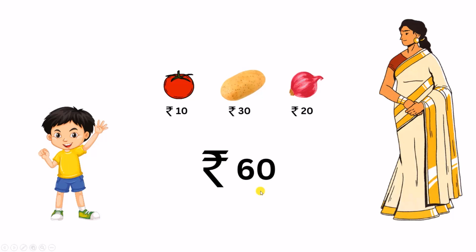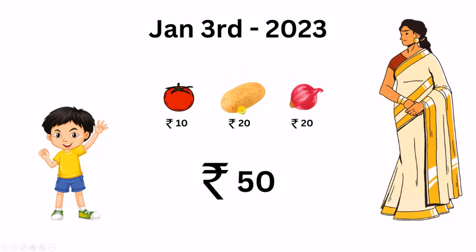Next, on Jan 3rd, your mother asks you to bring vegetables. You go to the shop and you buy the same three vegetables and the price has changed to this. Tomato 10, potato 20 and onion 20.